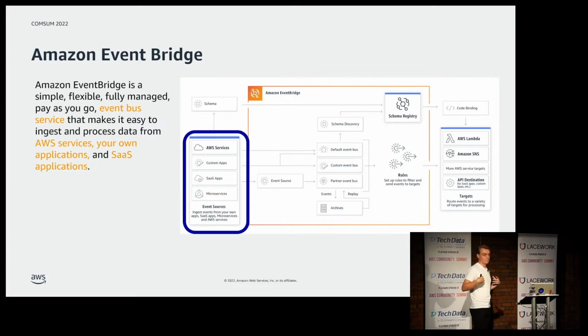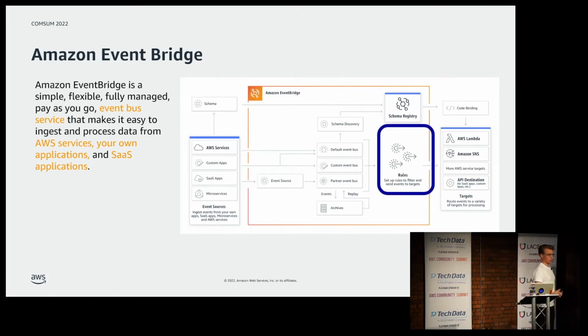You can define custom events and publish them into EventBridge using the EventBridge APIs. And the final source for EventBridge are third-party SaaS providers, so companies like Salesforce, Datadog, Zendesk. They can publish events directly into the event bus in your AWS account. So that's the producer side.